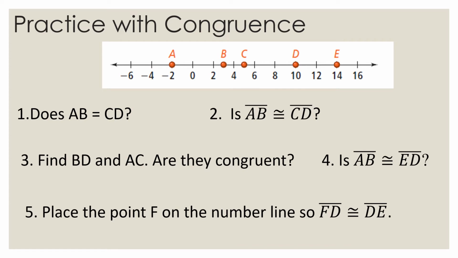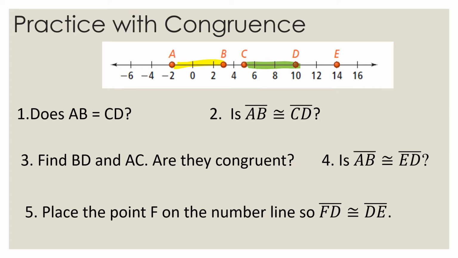Okay, so let's practice with congruence here. Does AB equal CD? So you need to see, does AB's length or distance measure to CD's distance? If I'm looking here, AB is from here to here, and CD is from here to here, right?